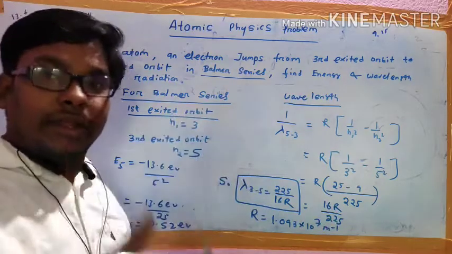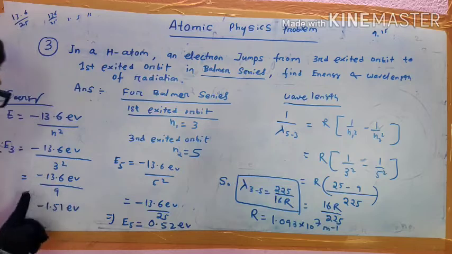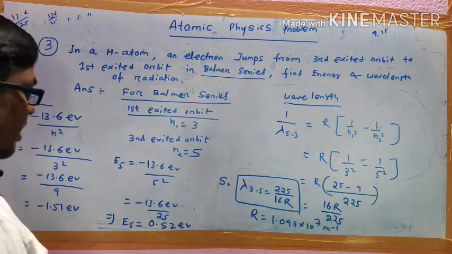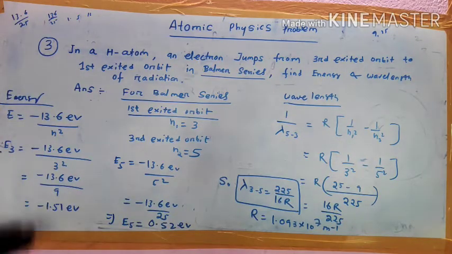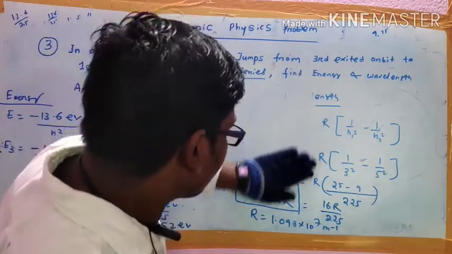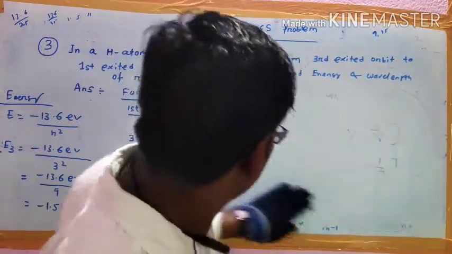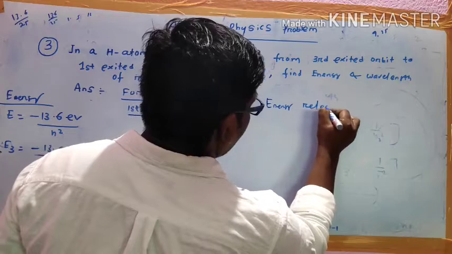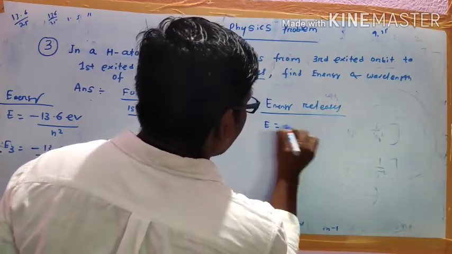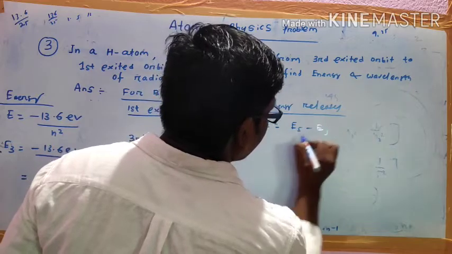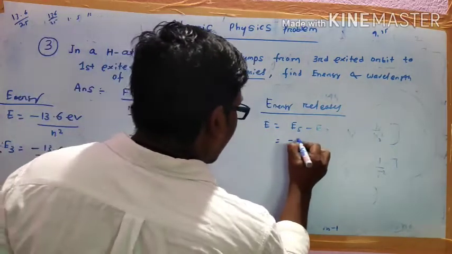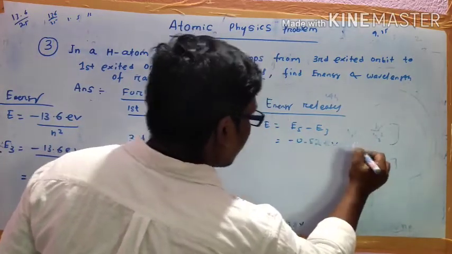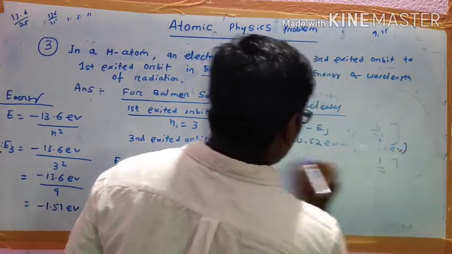Then the energy radiated. Energy radiated means what? The energy difference between third orbit and fifth orbit. Clear? So energy released, E is equal to E5 minus E3. I have no place to write, so I am erasing this wavelength part. This equals minus 0.52 electron volt minus of minus 1.51 electron volt.